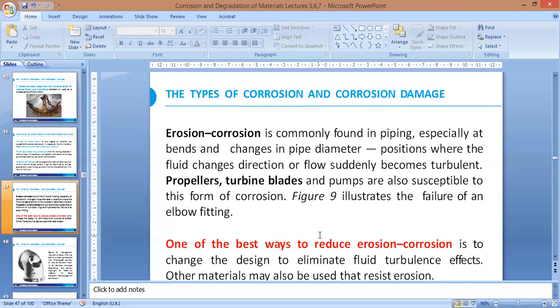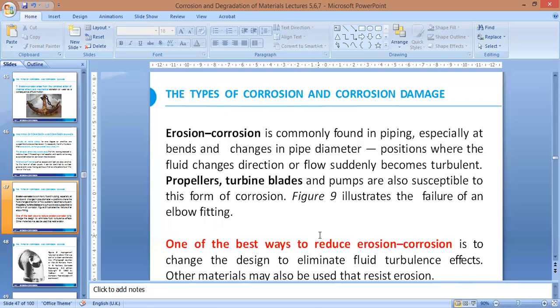If you've noticed, in piping, the parts that are usually replaced are the connectors at the bends. Why? Because of that change in direction of the flow of the liquid. When your liquid is flowing along a pipe, before it comes to a bend, the water will not just gradually bend.